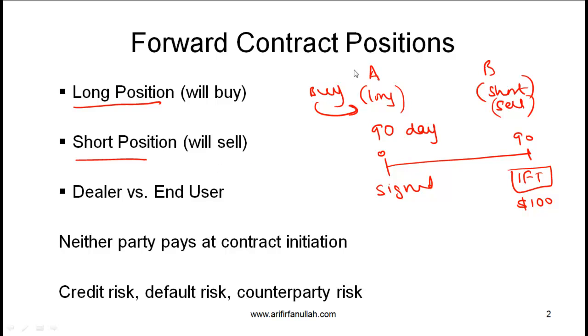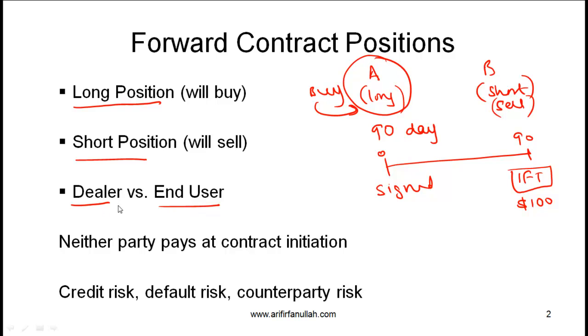Now, A and B are also referred to as counterparties. From A's perspective, B is the counterparty, and from B's perspective, A is the counterparty. In the context of forward contracts, you will hear the terms dealer and end user.